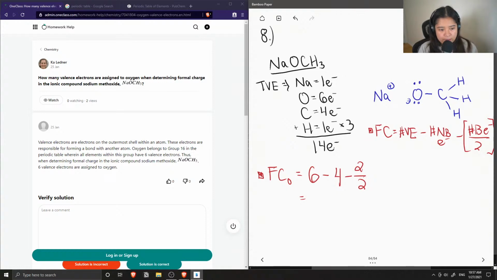So that's why, and we'd also have this extra lone pair as well. And that's why before they come together, this is how it has its negative charge.